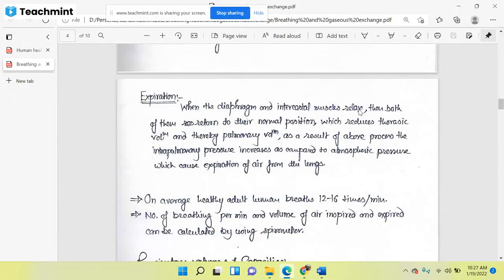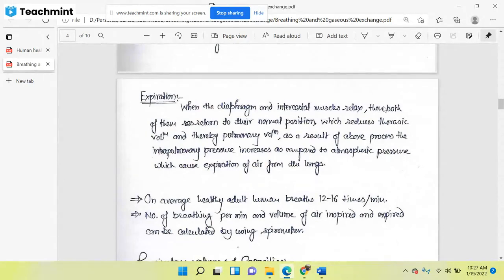Previously, the volume of the rib cage was increasing. Now the volume of the rib cage will decrease, and here the diaphragm as well as the intercostal muscles relax. So the intercostal muscles will relax, and due to this relaxation, the ribs will come to their original position. Previously the original position was the contracted position, so it will come to the contracted position.